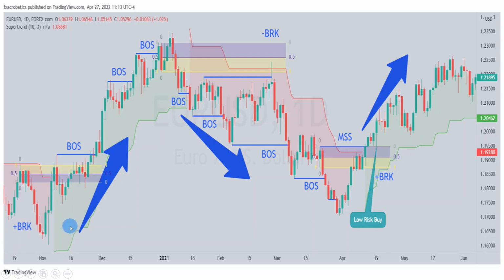So I'm not a fan, of course, of such indicators, but I really believe in the super trend. It's a pretty good indicator, but I believe that market structure is the fastest way, because the market could have turned against you at any point here. The uptrend had not been confirmed.